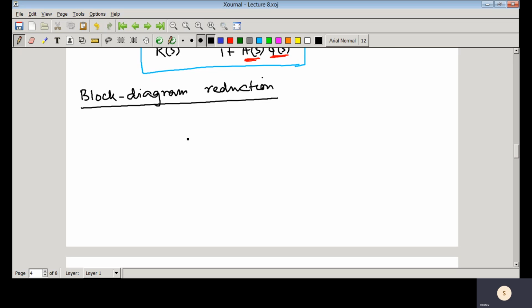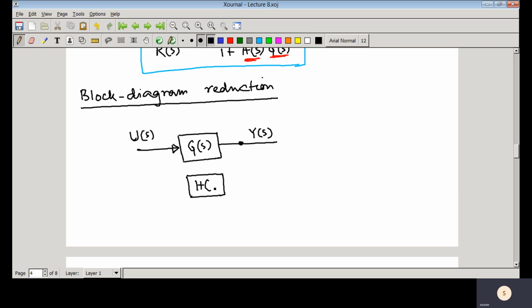Suppose you have a part of the block diagram, that is U(s), and here this is Y(s), and this is called the branching point.